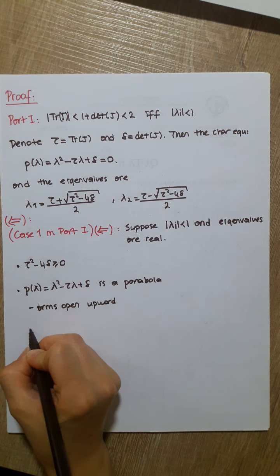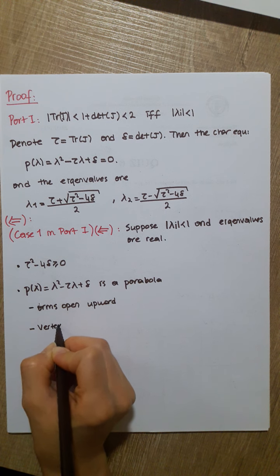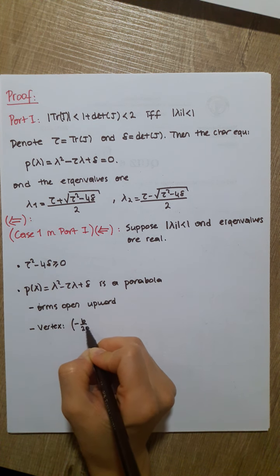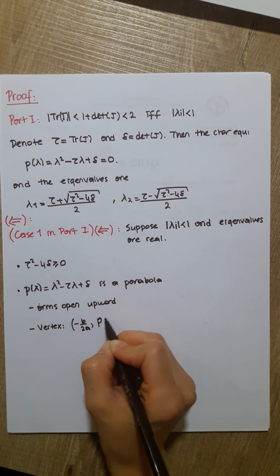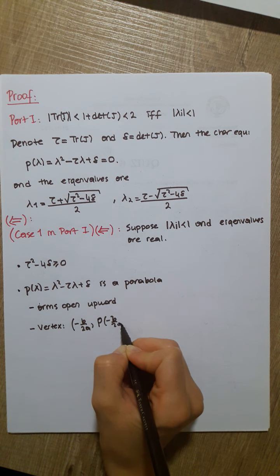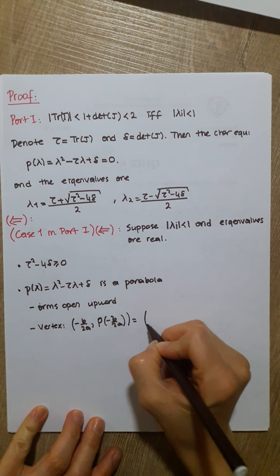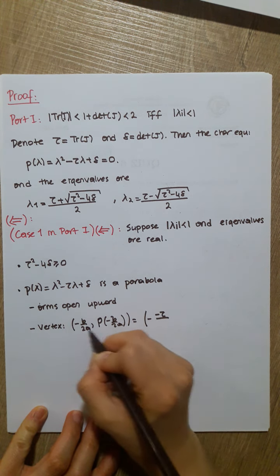On the other hand, the vertex of this parabola can be calculated with minus b over 2a and P of minus b over 2a. B is minus tau and a is 1.